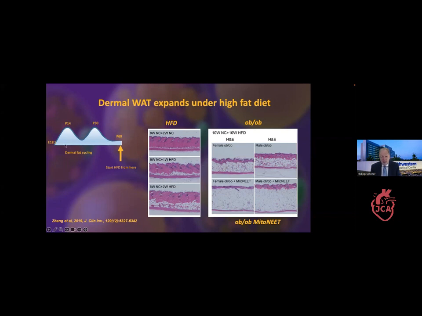And there we make the same observation in the mouse, but it's highly synchronized, a little more complex in humans. But basically, dermal adipocytes come and go and undergo complete cycling, just like in the mammary gland, between fully differentiated cells and precursor cells.